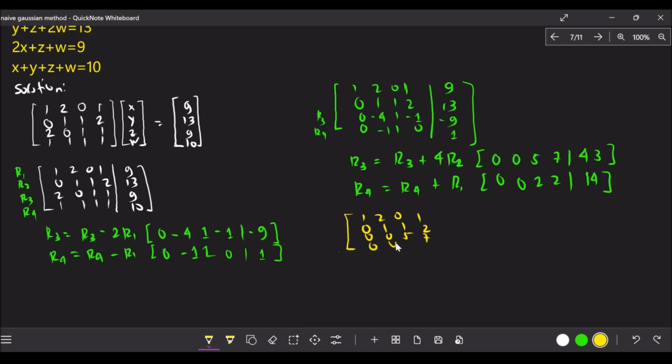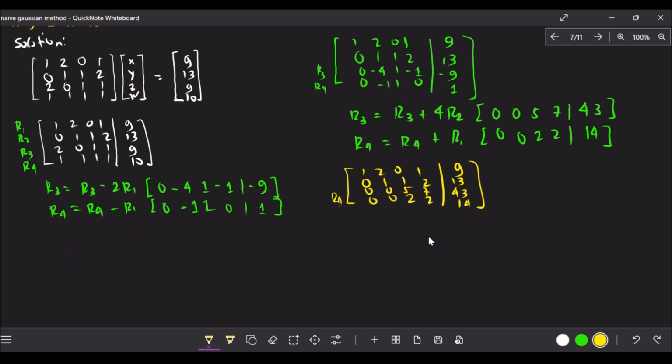Then you have 0, 0, 2, 2. Okay, we have 9, 13, 43, and 14. Okay, so next we are going to make this non-zero entry 0 from R4 using R3.